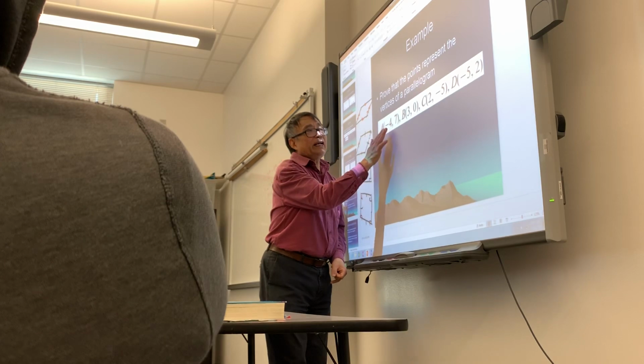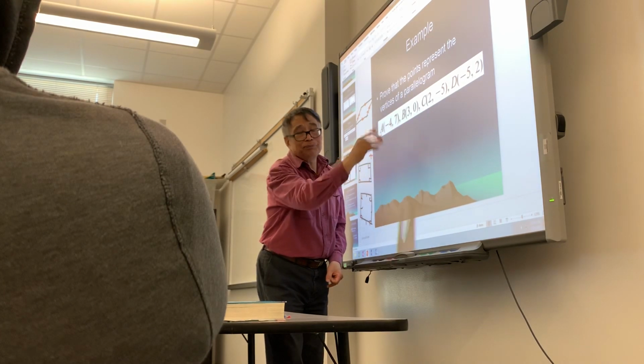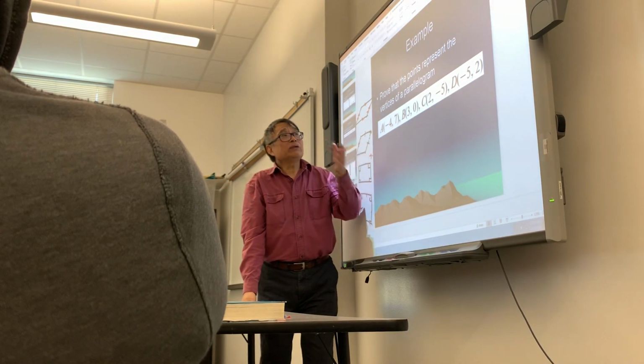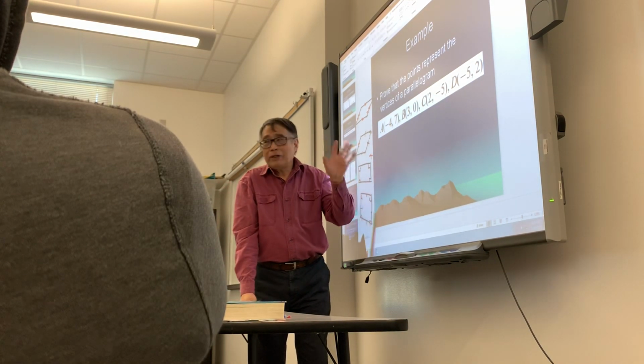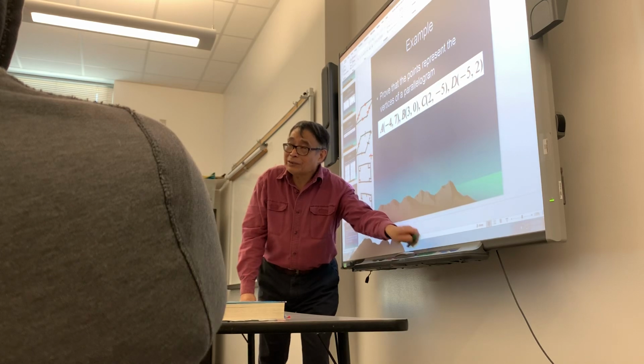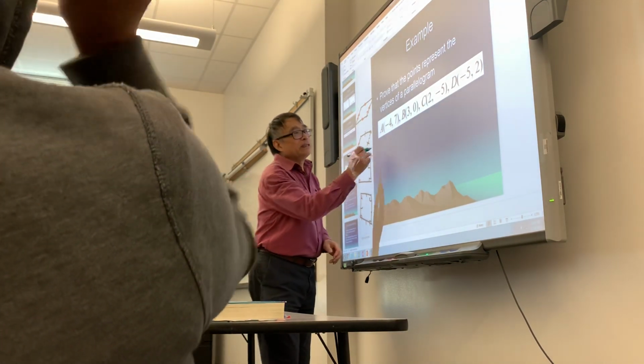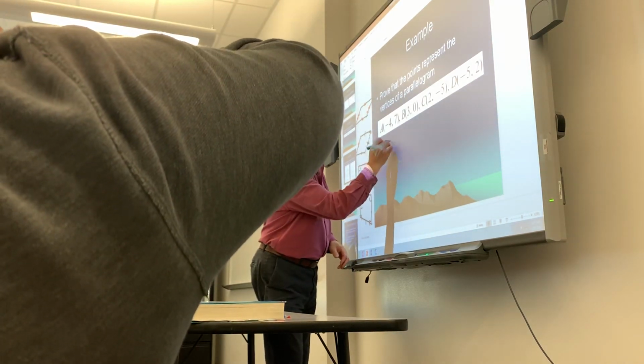So you draw A, B, C, D on the graph, then you can prove. Personally, I like the last one, the diagonals bisect each other. You draw it very easy, very simple.